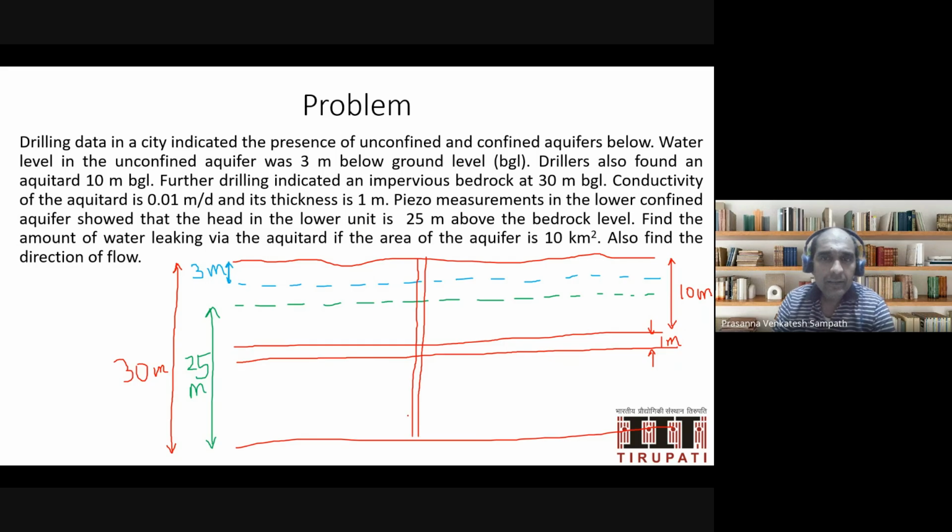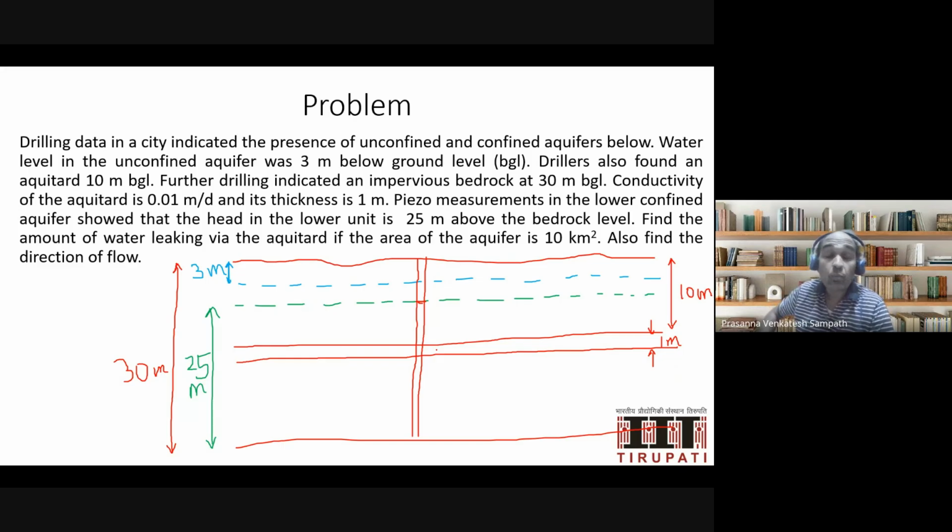What will happen is the water level will rise in this well and come up to this point and stop here. So suppose I drilled a series of wells into the confined aquifer. At every point, the water level will come up to that green line, which is the piezometric surface.